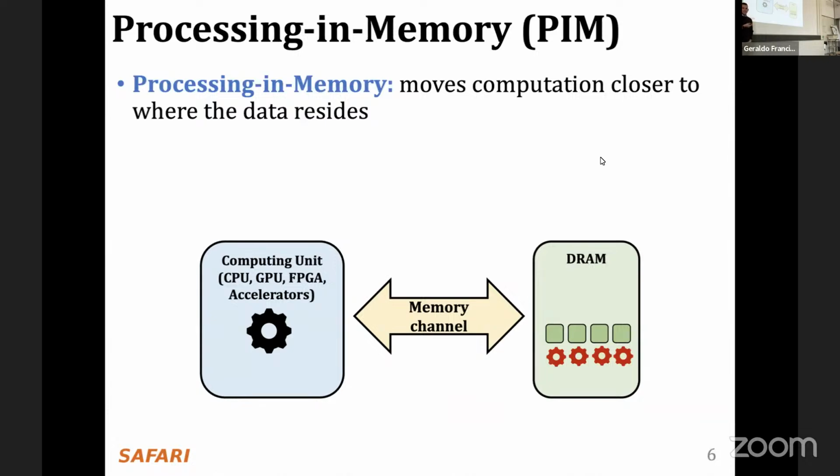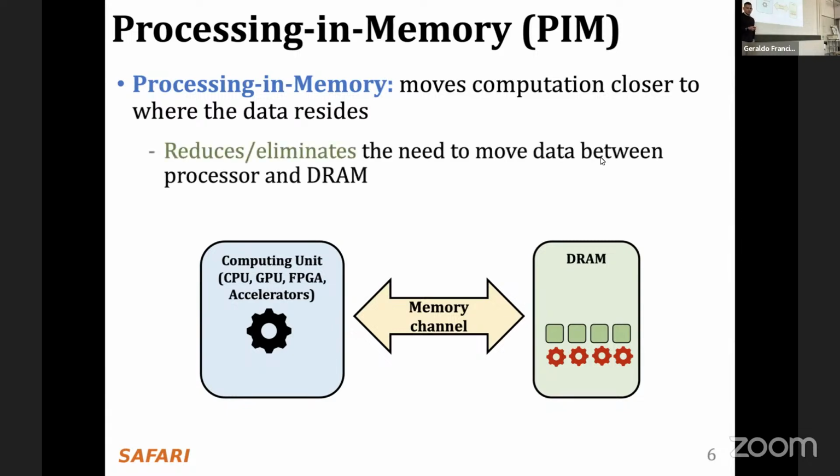To mitigate this problem, there is a paradigm called processing in memory, where we move computation near where the data resides. There are two flavors: processing using memory and processing near memory. Both flavors reduce or eliminate the data movement bottleneck because you no longer need to communicate through the narrow memory channel.